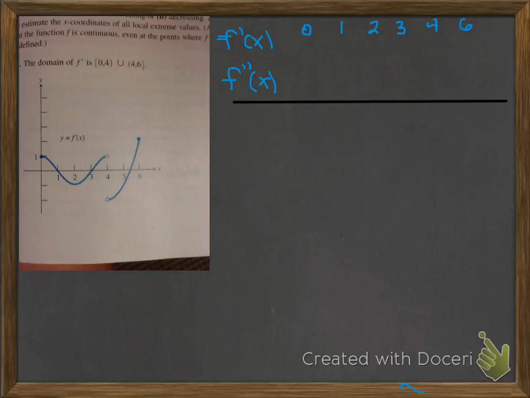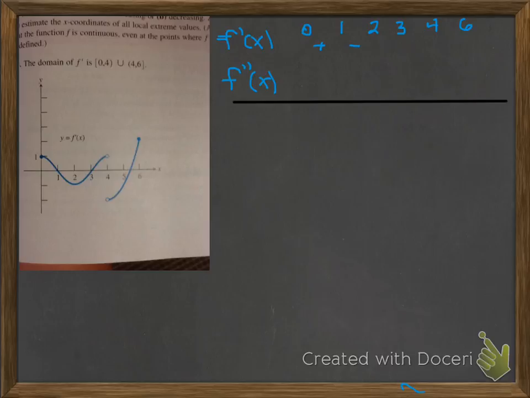So from 0 to 1, I'm going to be positive, since from 0 to 1, we have a positive slope. From 1 to 2, we're a negative slope.